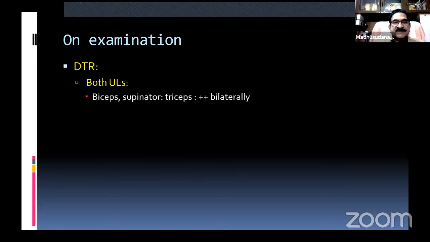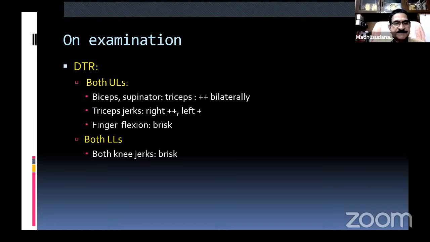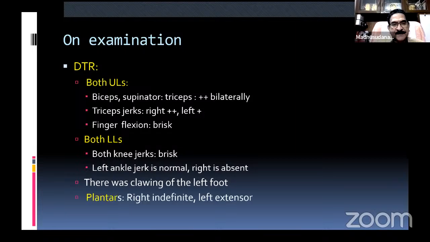Tendon reflexes, both upper limbs: biceps, supinator, triceps normal bilaterally. Triceps reflex right side is well elicited, left side is slightly less. Finger flexion is briskly elicited. Knee jerks were brisk. Left ankle was normal, right is absent. There was clawing of the left foot.